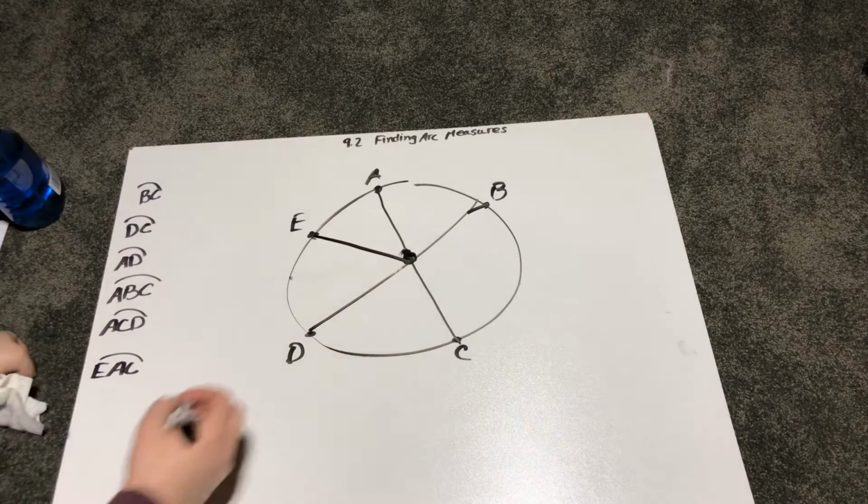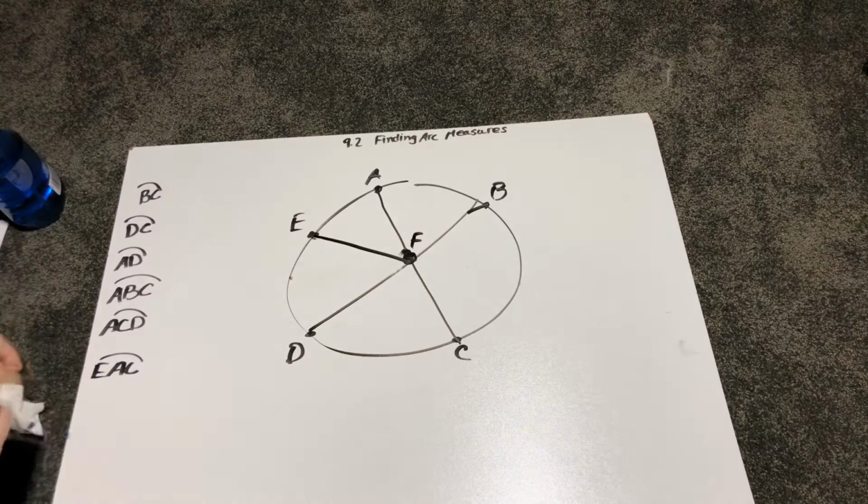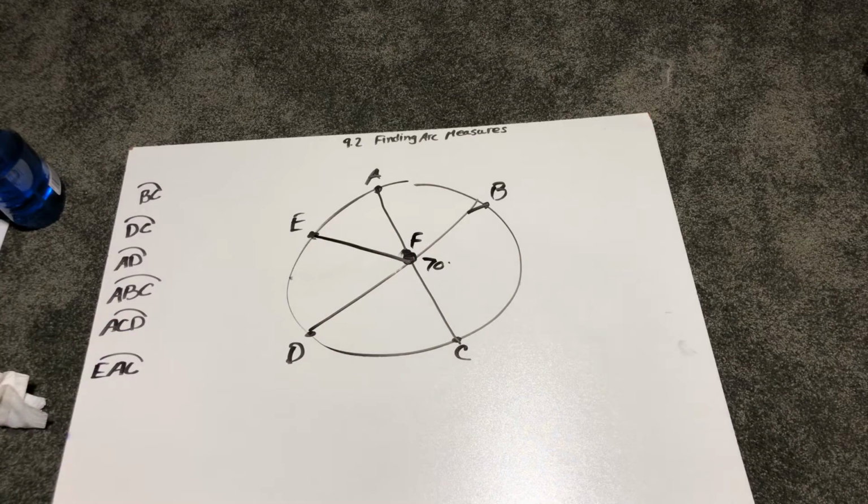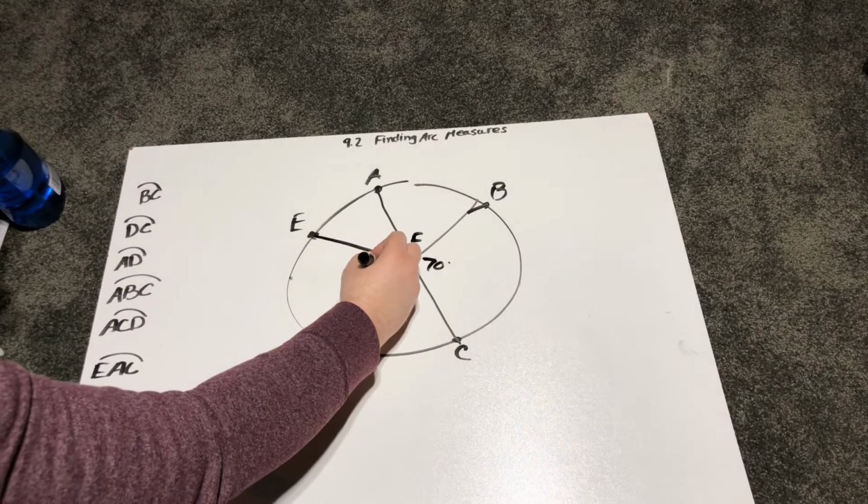Okay, and this was F. So we're given that this is 70 degrees, and this is 45 degrees.